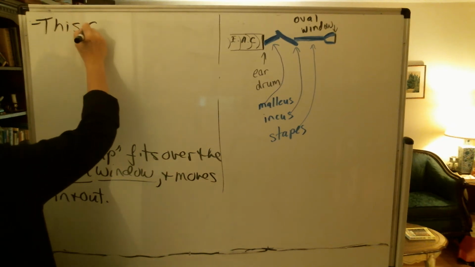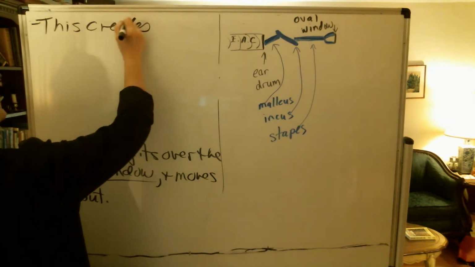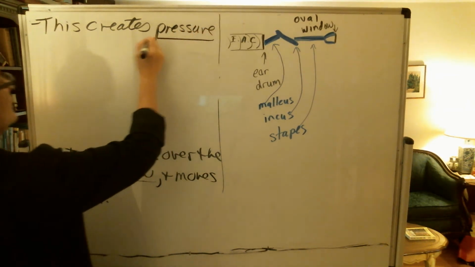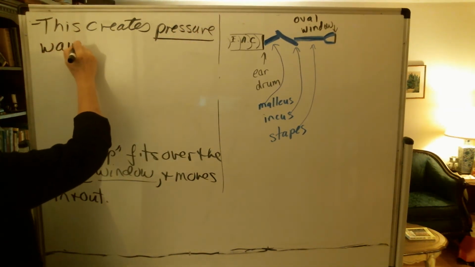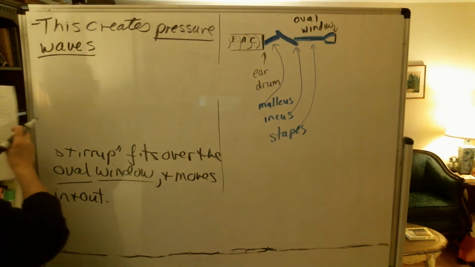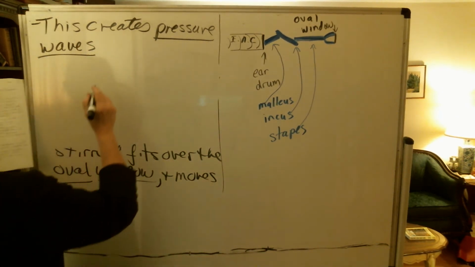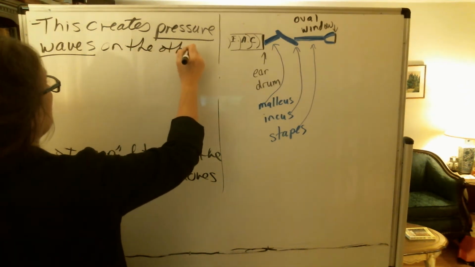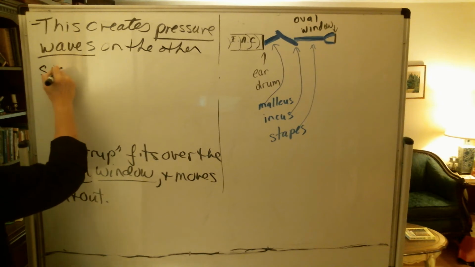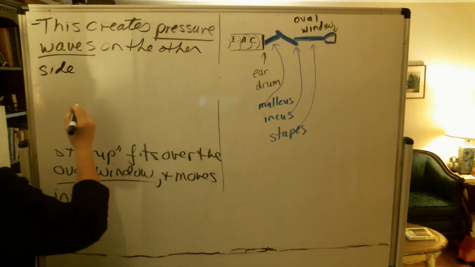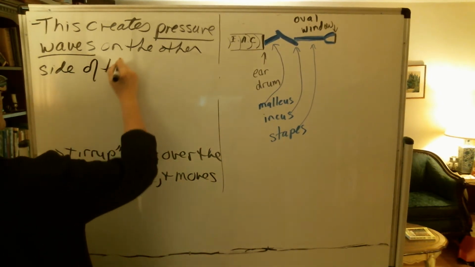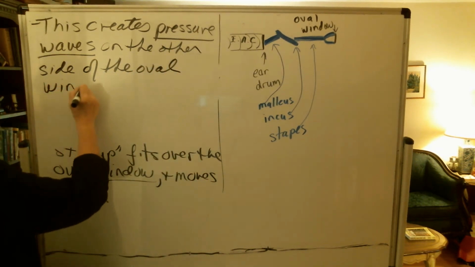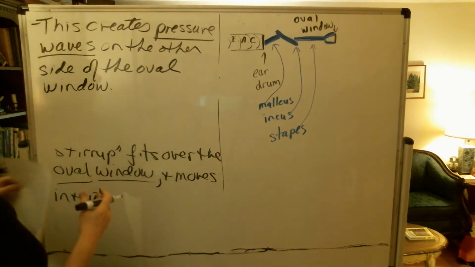So this creates pressure waves on the other side of the oval window.